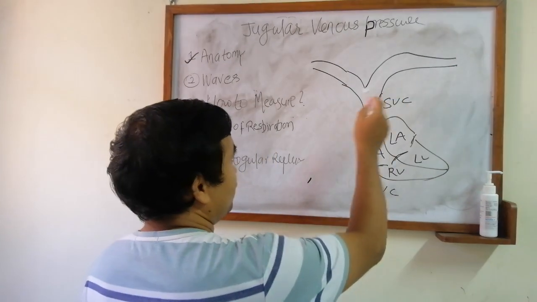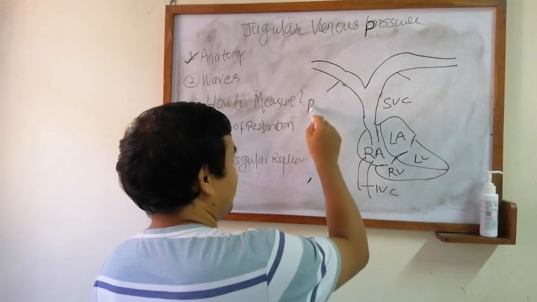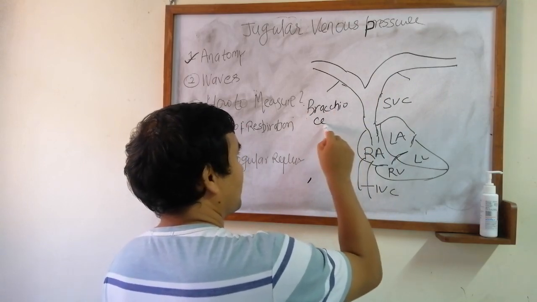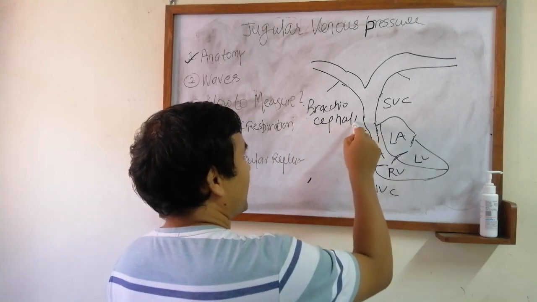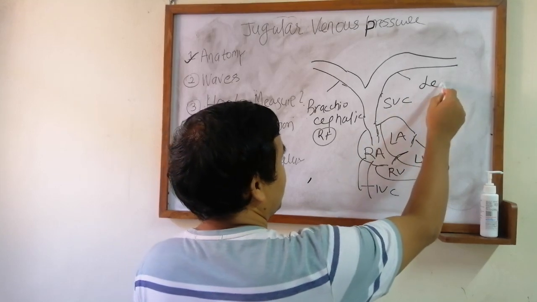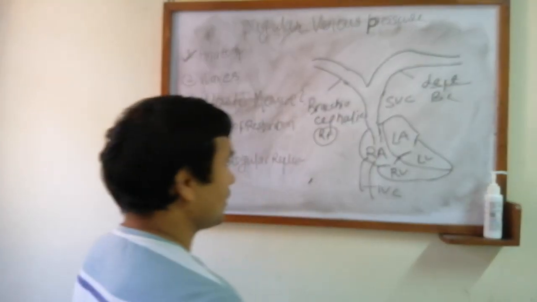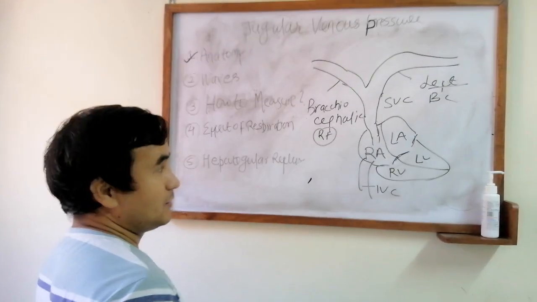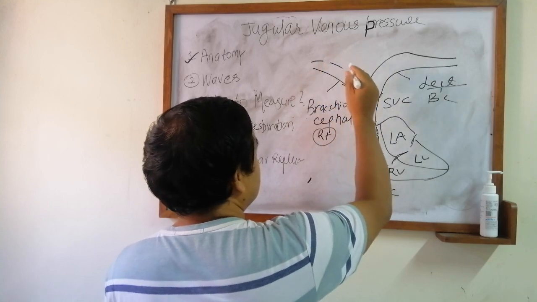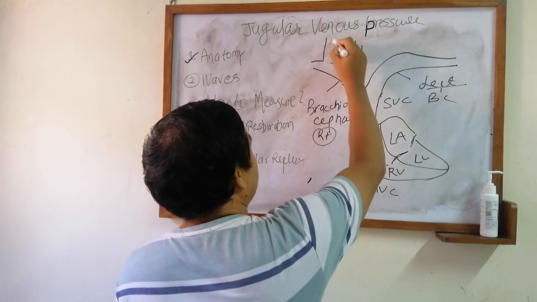The superior vena cava is formed by the brachiocephalic veins. This is the right brachiocephalic, this is the left brachiocephalic. In the brachiocephalic vein, there are tributaries like the internal jugular vein and external jugular vein.